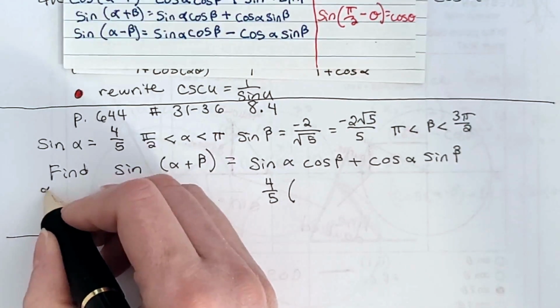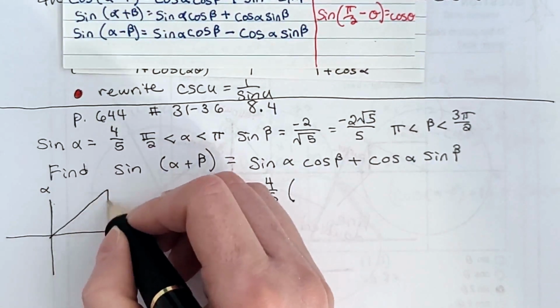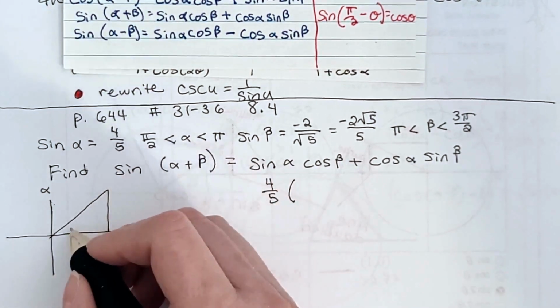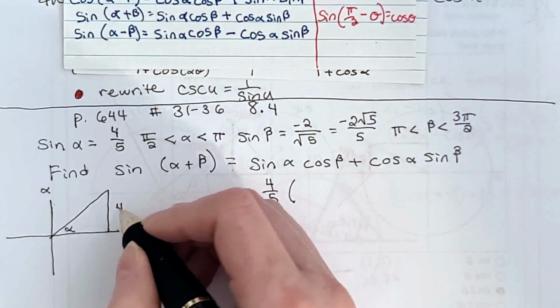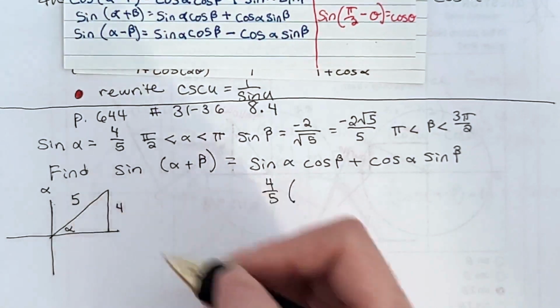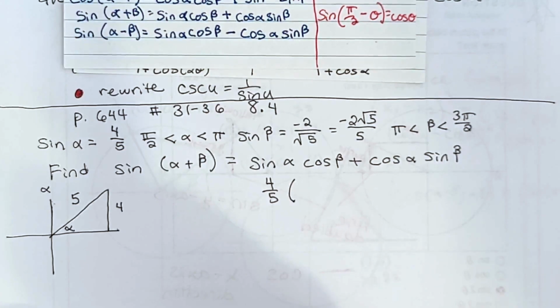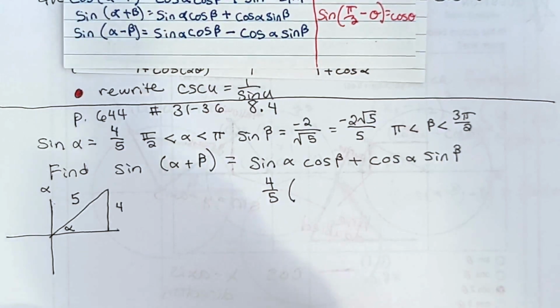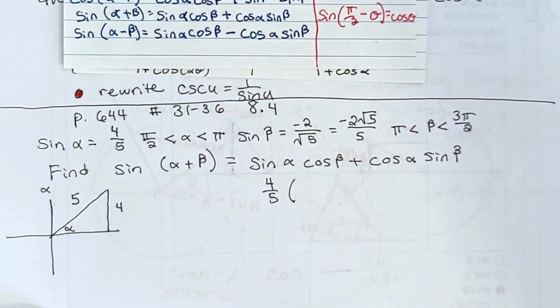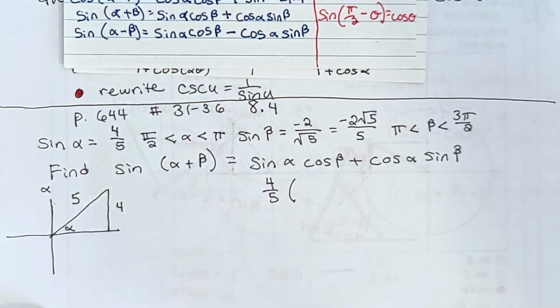So this will be our alpha triangle. So sine, here's alpha, 4 and 5. So we're going to know that this is a 3, 4, 5 triangle. Oh, I already messed this up. Why did I mess this up?